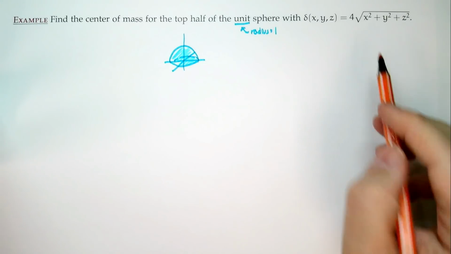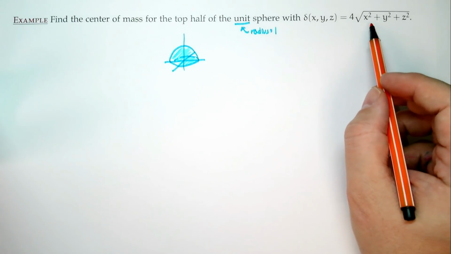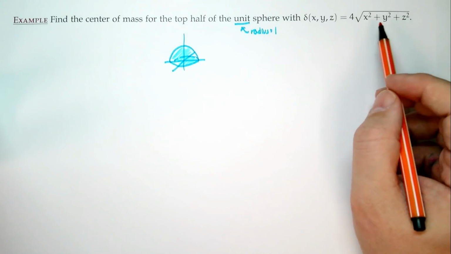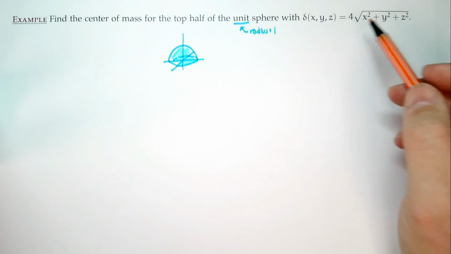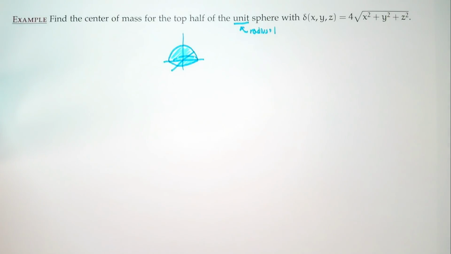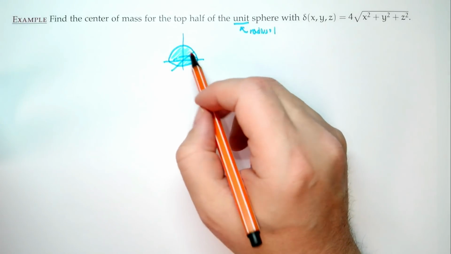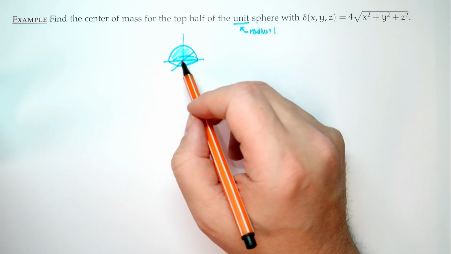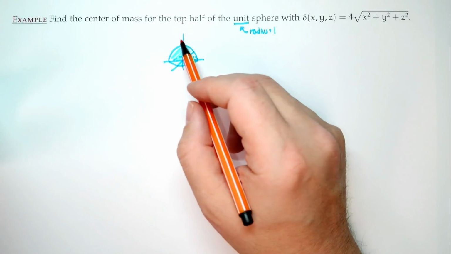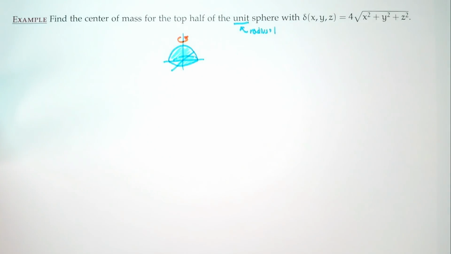Because think about our density. What does it say? The density for root x squared plus y squared plus z squared says that we're very sparse near the center, and we get denser as we move out away from the center. So that we're sort of dense towards the edge of our sphere, but very not dense near the center of the sphere. But in particular, that tells us that we have rotational symmetry.